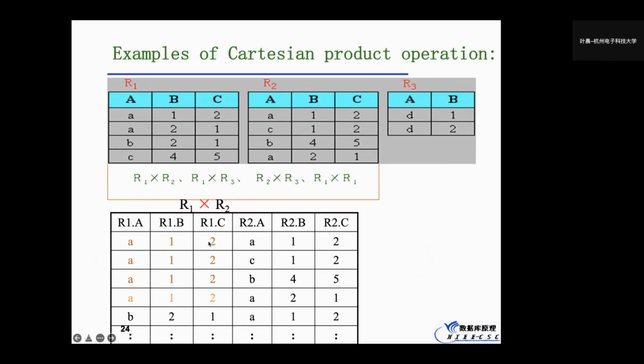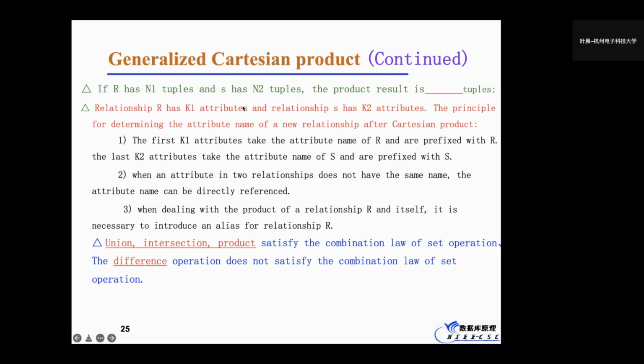So it's like this. Then we take the next tuple and also combine it with every tuple in R2, and then get the final result. So if R has n1 tuples and S has n2 tuples, then the product result should have n1 times n2 tuples. That is the total number of tuples in the Cartesian product result.